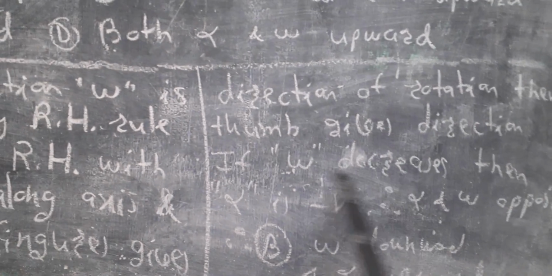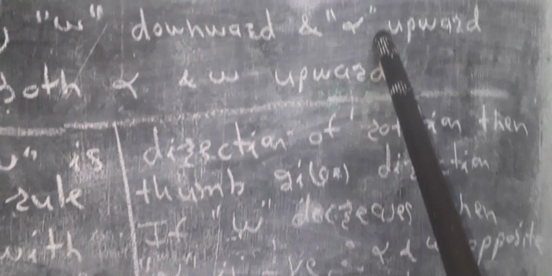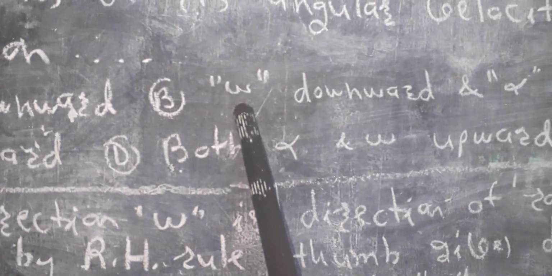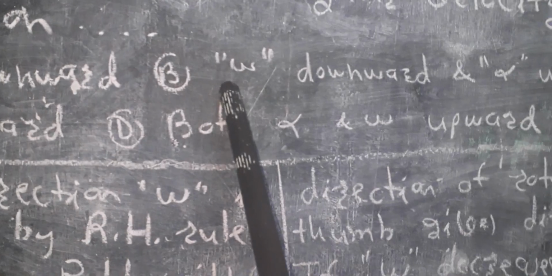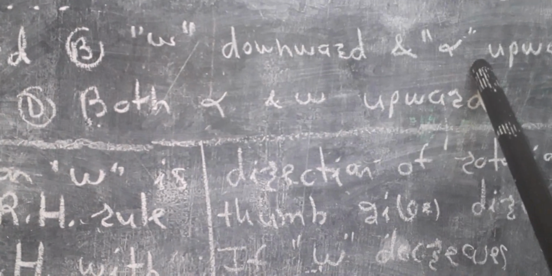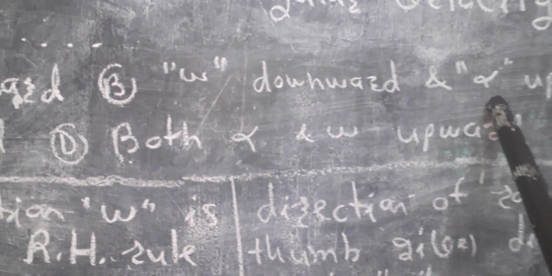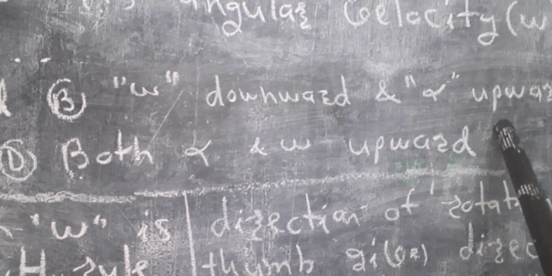So the correct option is omega downward direction, alpha upward direction. So this is your correct answer. So B is the correct answer. In the examination you have to write down B and also write the full sentence. So the answer of this MCQ is omega downward direction and alpha in upward direction.